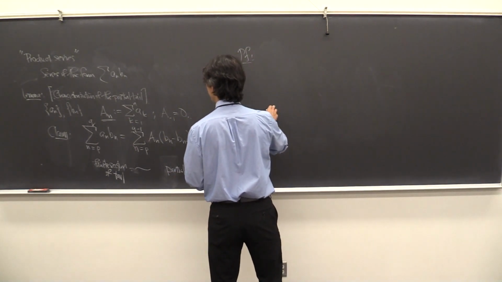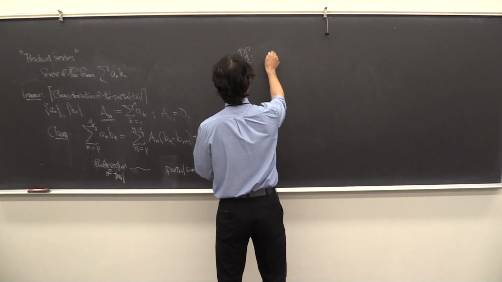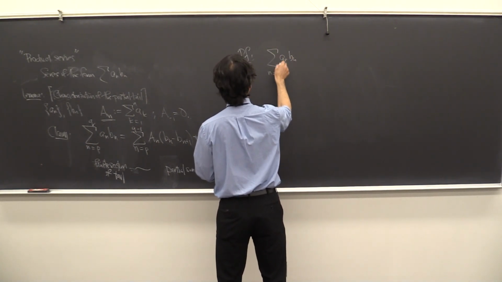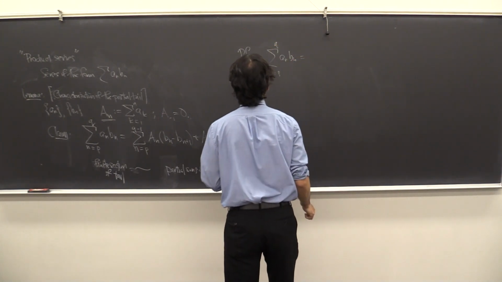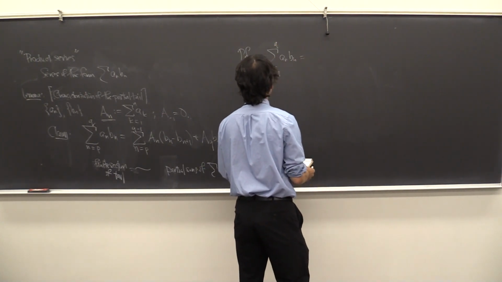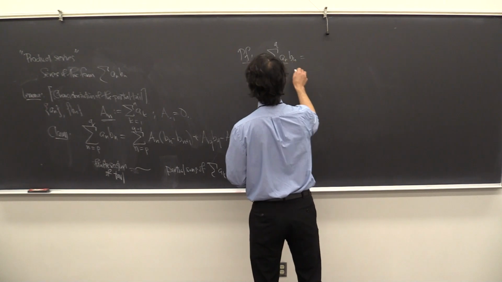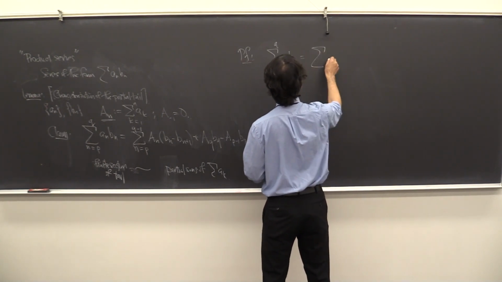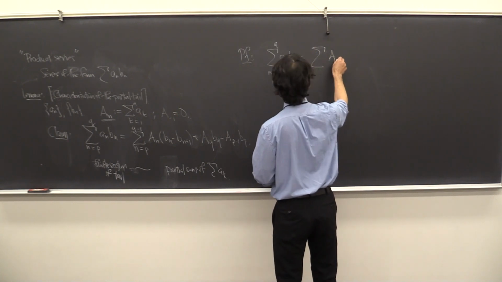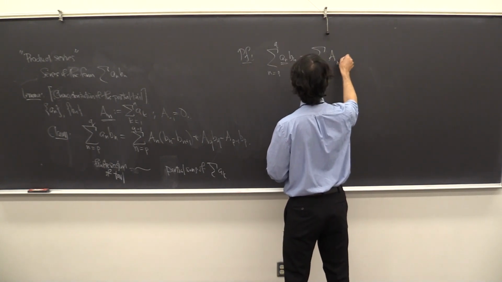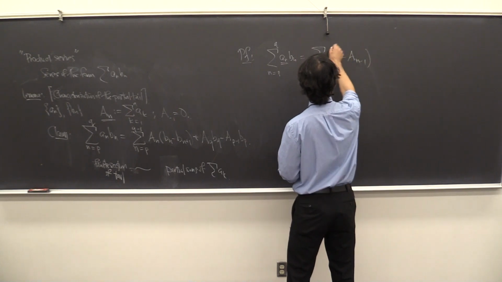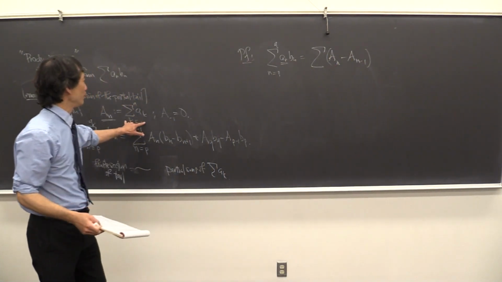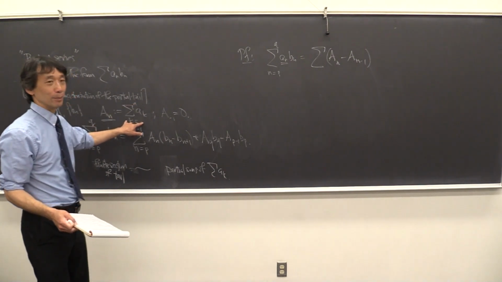So you say, well, let's look at this thing, the sum of a sub n, b sub n from n equals p to q. The first thing we do is express a sub n as capital A sub n minus capital A sub n minus 1, because this is the sum up through n, and we subtract off the sum up through n minus 1.